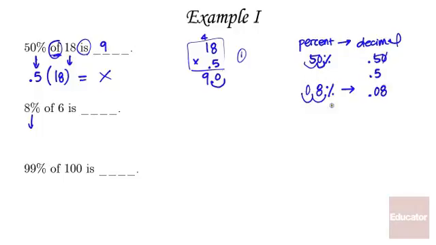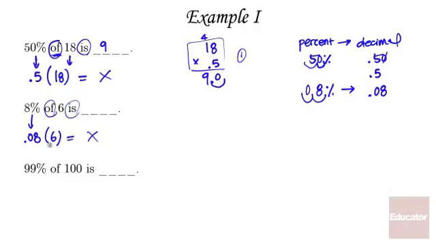And then, again, you're going to drop the percent, right, because it's no longer percent. 0.08. 8% is 0.08. Of means times 6. So again, write it in parentheses when you're multiplying 2 numbers. And then is equals the number x or blank.